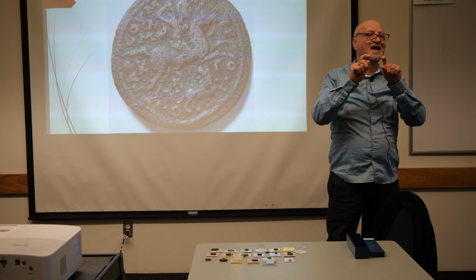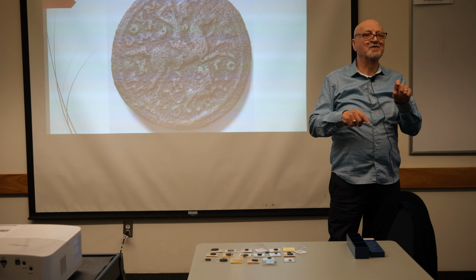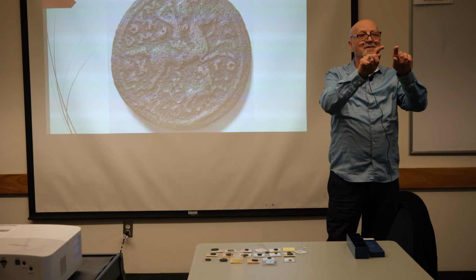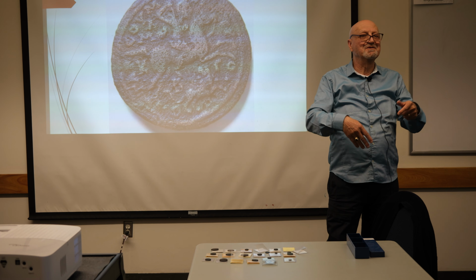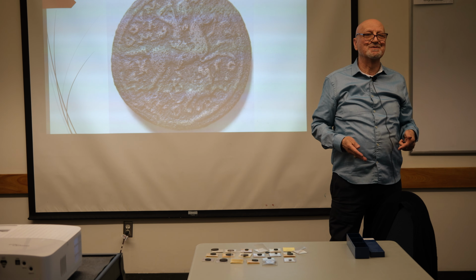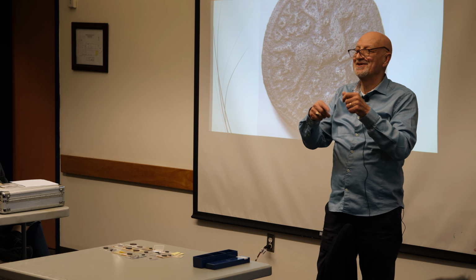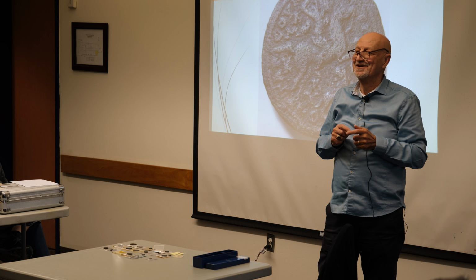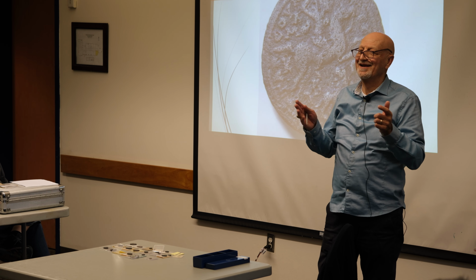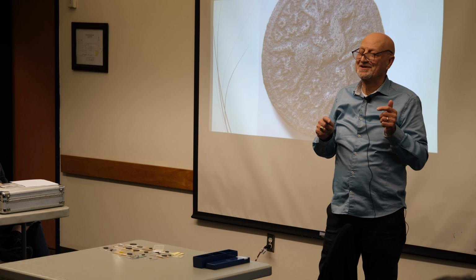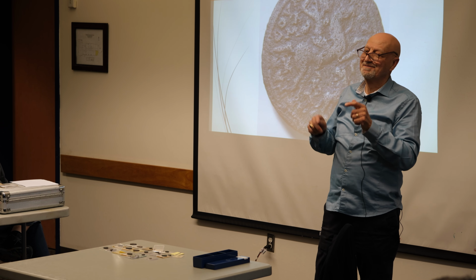You could go and type any word you want. If you're looking for ships, you could type ships or galley, and you'll see hundreds of coins with ships on them. If you're looking for snakes, there are probably hundreds of coins with serpents or snakes, or temples, or lions, or elephants. It's fascinating.